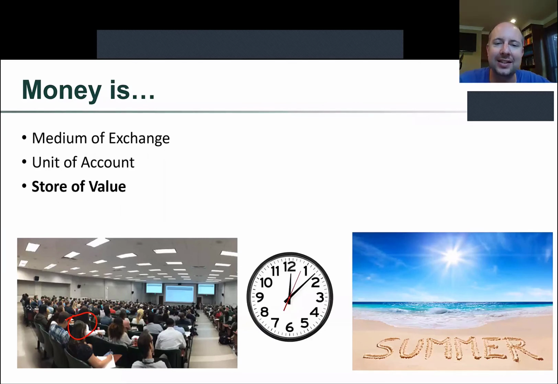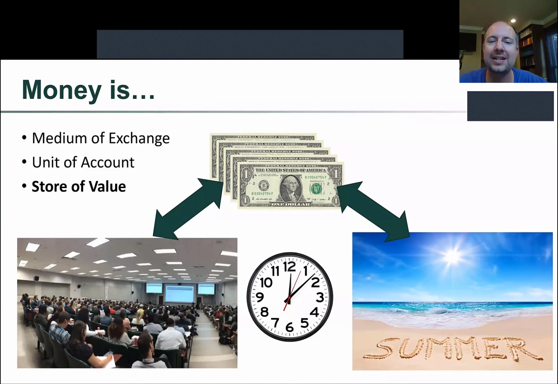So what money does is it allows me to be paid now by Michigan State, hold on to that money, put it in a bank, keep it under my mattress. And then once the time comes, I can go spend the money.